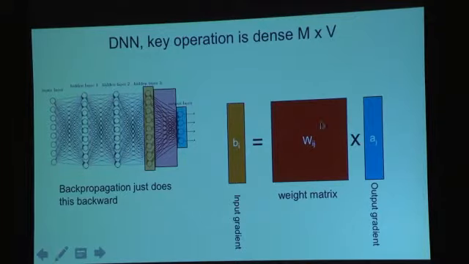It's just a matrix vector multiplication again, except now the vector is gradients rather than activations. It's the same weight matrix. And I also need to produce the partials with respect to the weights for weight update.